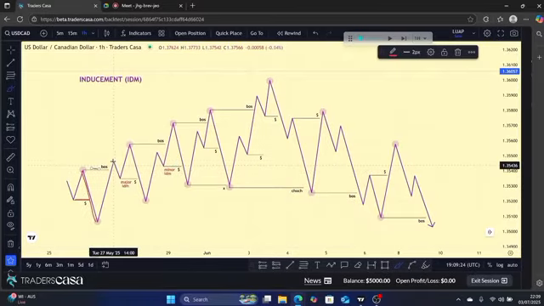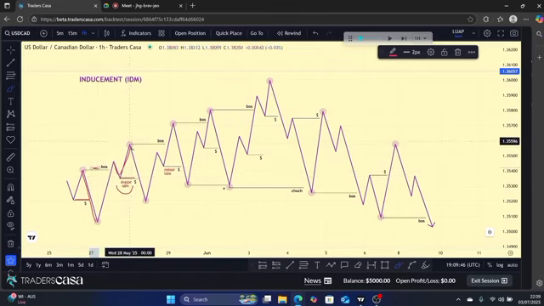So this one here is the recent valid pullback. Valid is a very important keyword. The sell side liquidity resting below this recently formed valid pullback is what we call major inducement. Why major inducement? Because it was created after the break of structure.